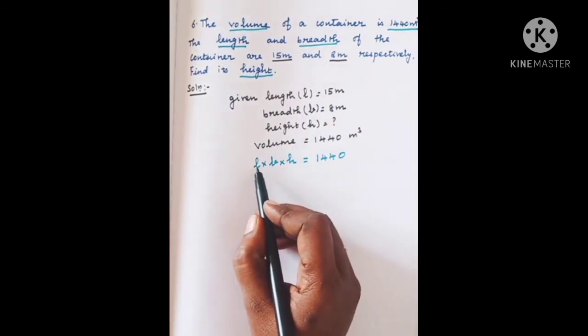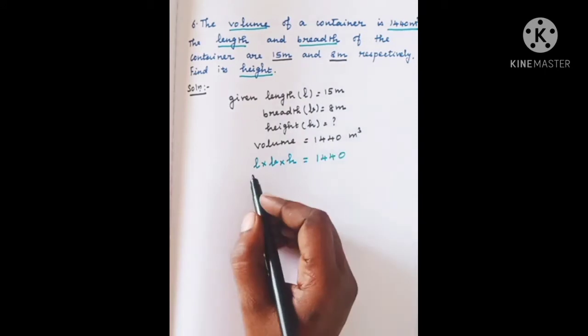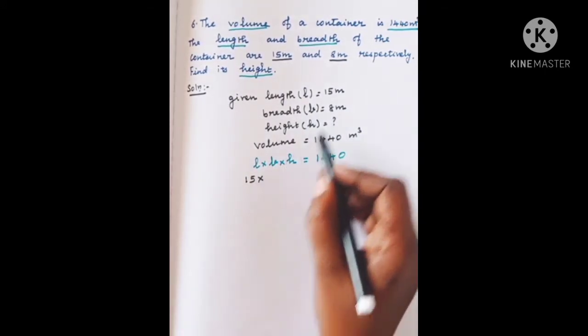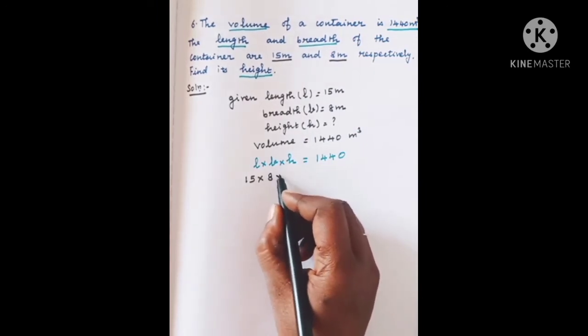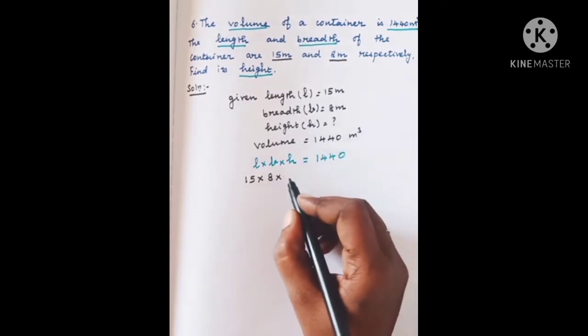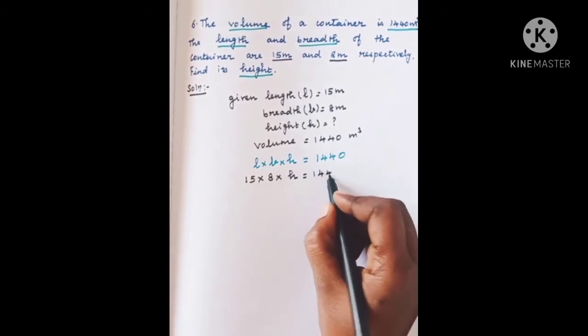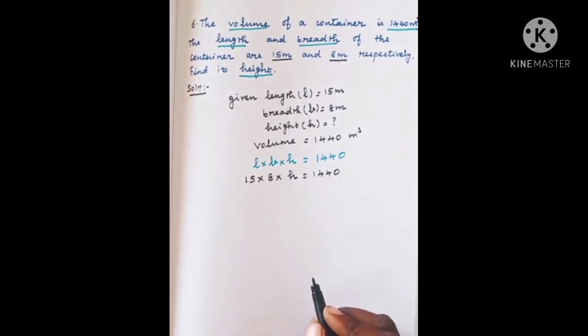Now we have to substitute the value of L. L is 15, into the breadth B, which is 8, into the height, which is not given, so write this H as it is, equal to 1440.